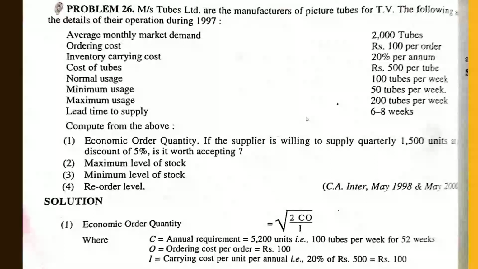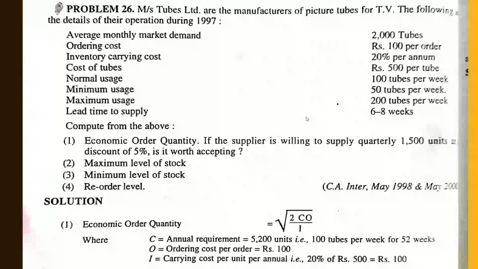Average monthly market demand is 2,000 tubes. Ordering cost 100 per order. Inventory carrying cost 20% per annum. Cost of the tube is 500 per tube. Normal usage is given as 100 tubes per week. Normal means average. Minimum usage is 50 tubes. Maximum usage 200 tubes. Lead time to supply 6 to 8 weeks. Minimum 6, maximum 8.